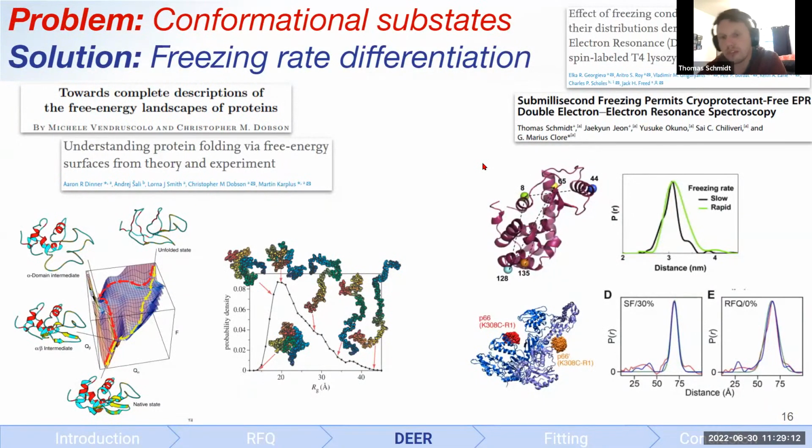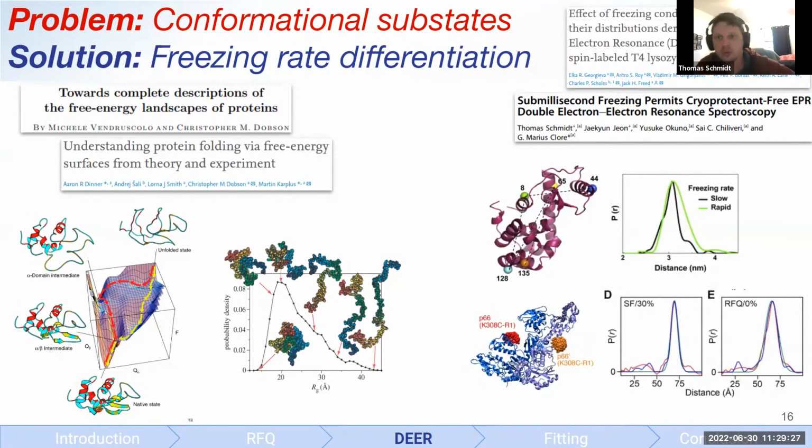Now, of course, we're not the first ones to have the idea of utilizing rapid freeze quench. However, I think previously groups have failed to really explore that energy landscape and see what they can do with it.